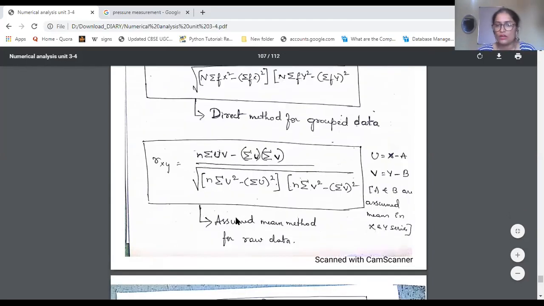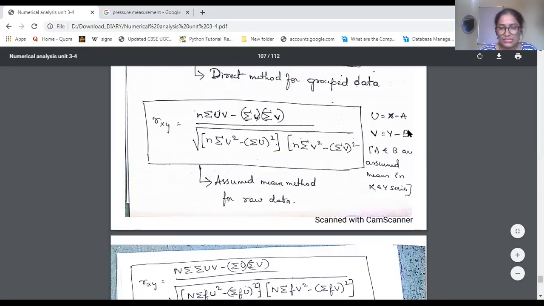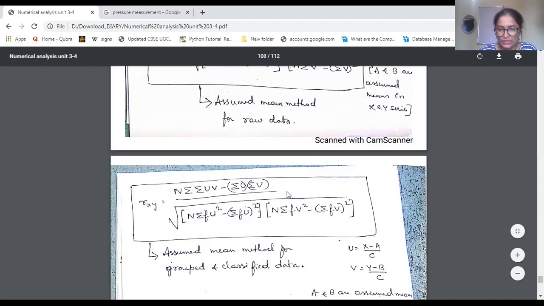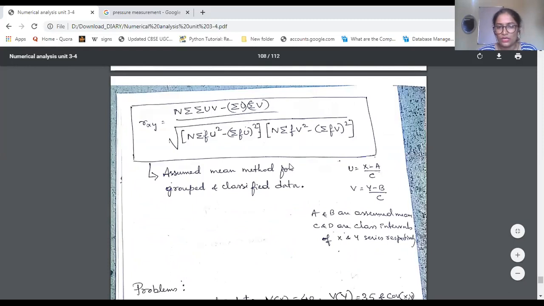And this is the formula of the assumed mean method for the raw data. In case of the assumed mean method, we replace x and y by u and v, where we take u as x minus some arbitrary value in the series x, and v as y minus some arbitrary value in the series y. So this is called the assumed mean method for the raw data, and this is the formula to calculate the coefficient of correlation between the variables x and y for classified data.